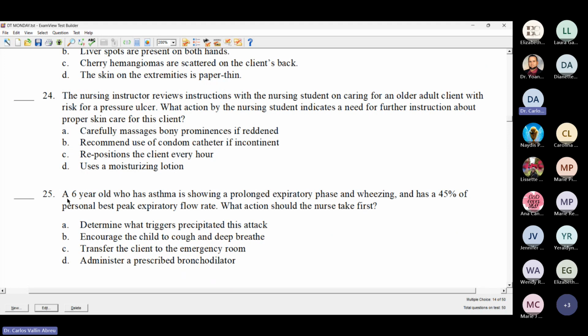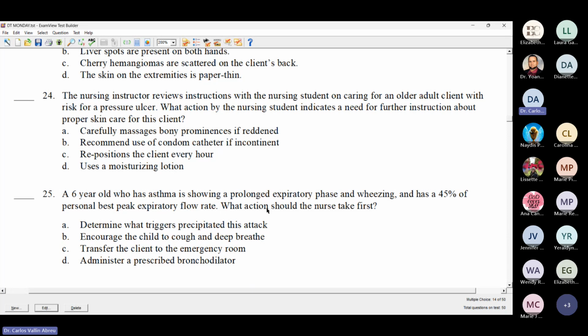And the last that I have for you is a 6-year-old who has asthma, is showing a prolonged expiratory phase and wheezing, and has 45% of the best personal peak expiratory flow rate. When you have less than 50%, less than half the expected volume of air that the client is able to blow in the peak flow meter, the client is critically ill.